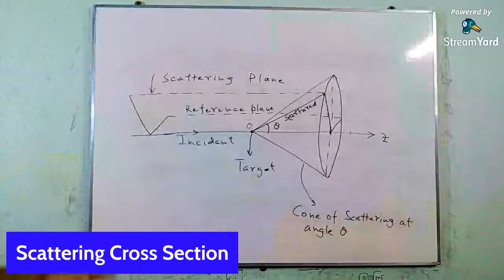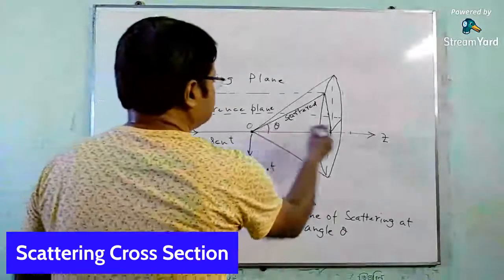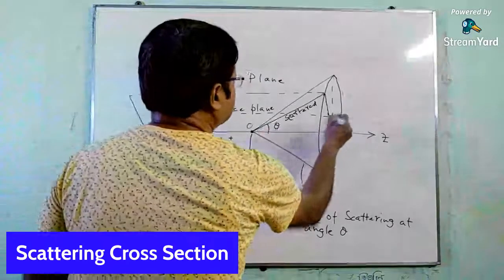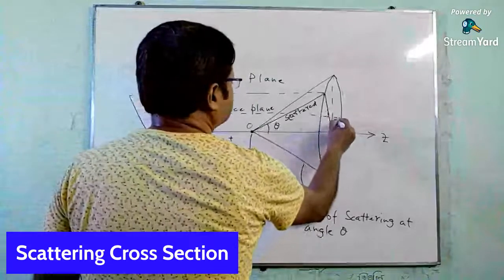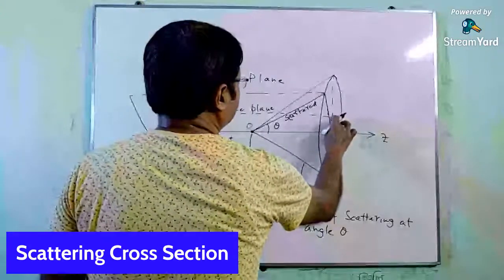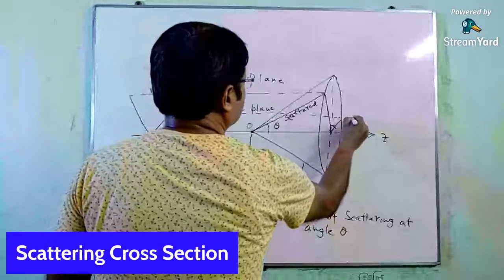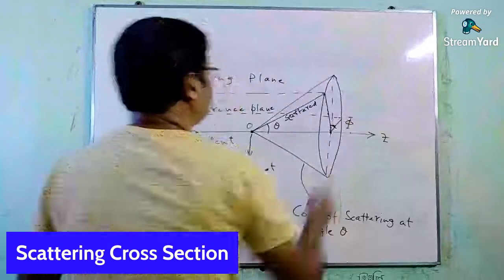The direction of any scattered particle is indicated by the polar angles theta and phi, and this is theta, and this is the azimuthal angle phi.